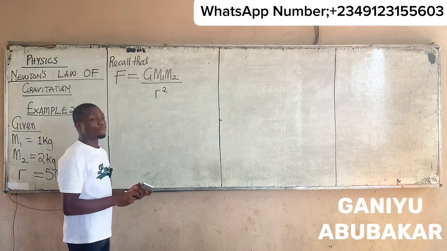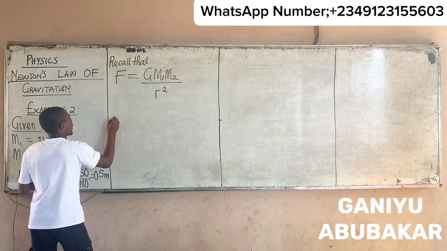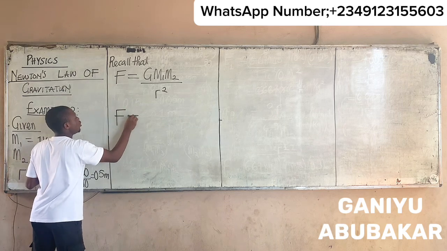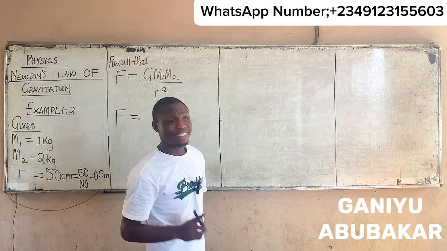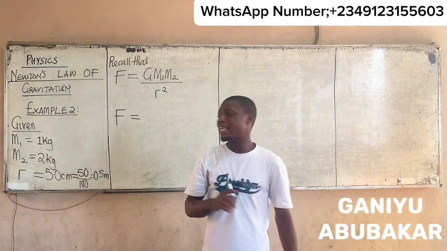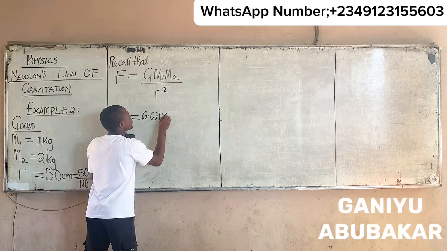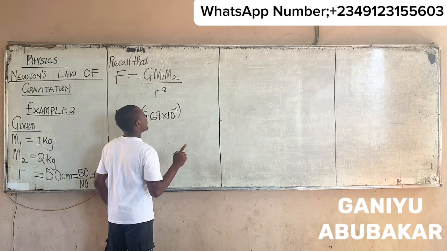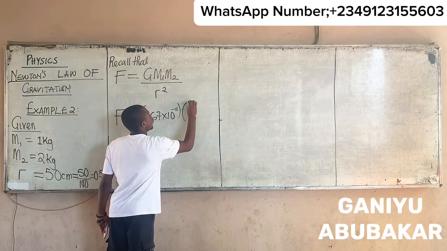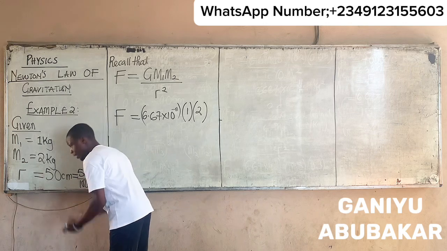Please plug in your values. From here, F should be equal to G, the universal gravitational constant, 6.67 times 10 to the power minus 11. M1 is 1, M2 is 2, as you can see clearly from here.